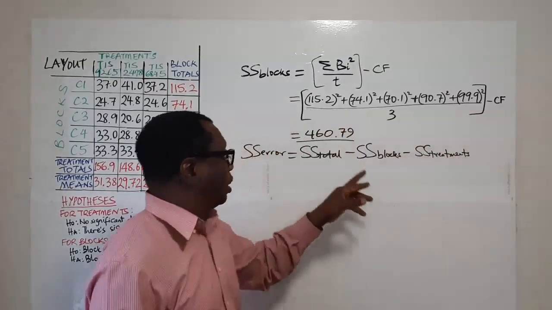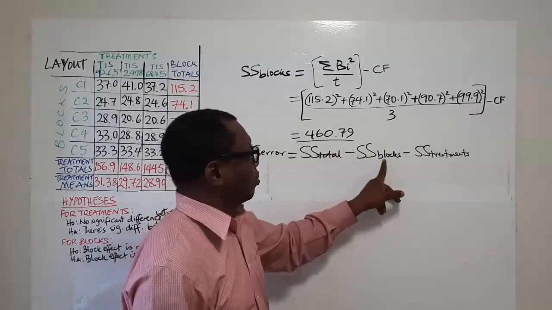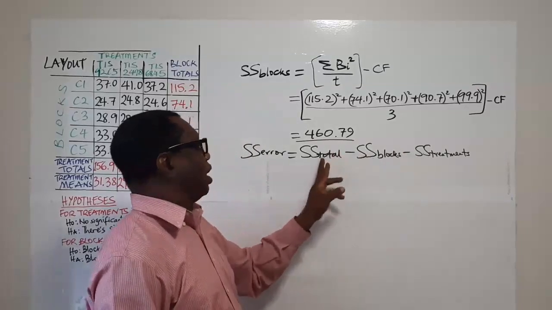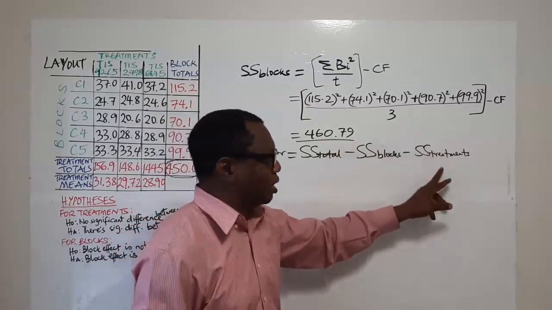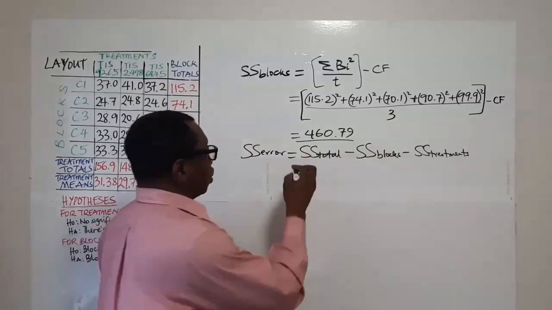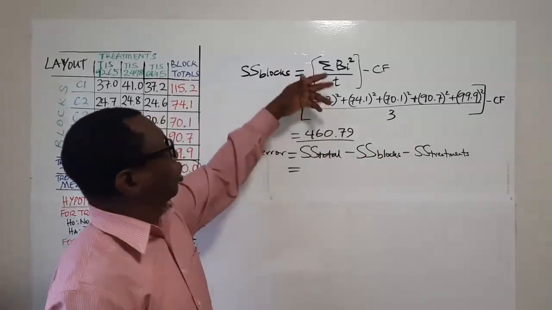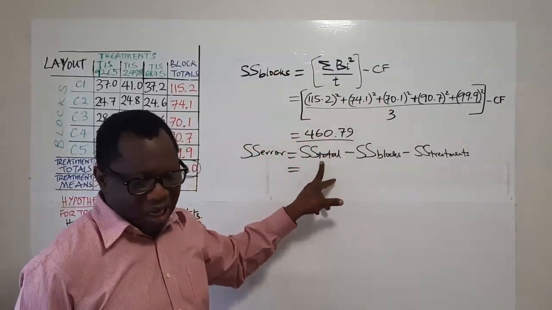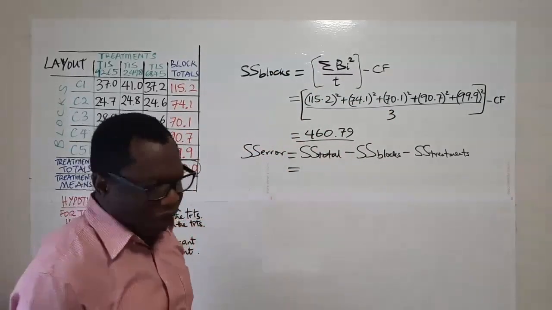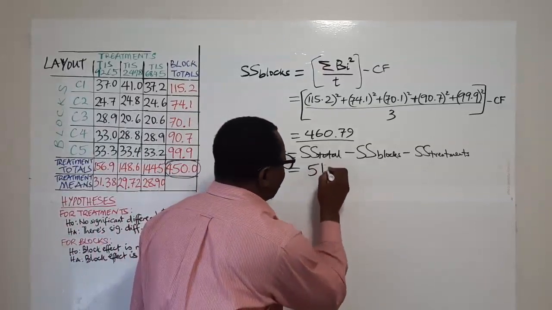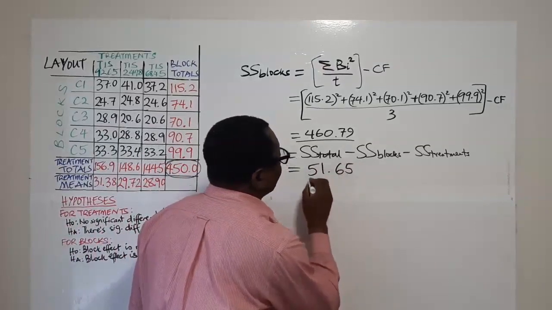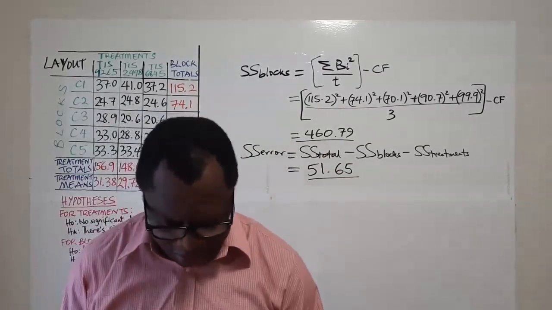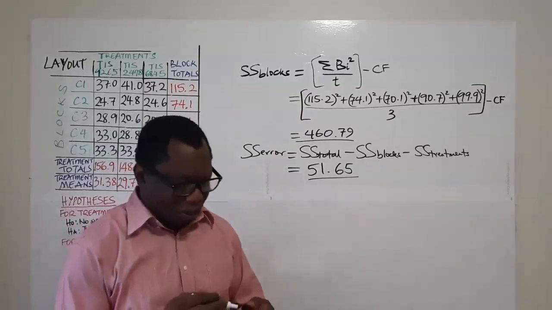Now, it doesn't matter whether you say it is SS total minus SS blocks minus SS treatment, or you put treatment first by saying SS total minus SS treatment minus SS blocks. It is the same thing. So when you subtract all those sums of squares from the SS total, the final answer it will give you is 51.65. That's the final answer for the SS error that you will have.